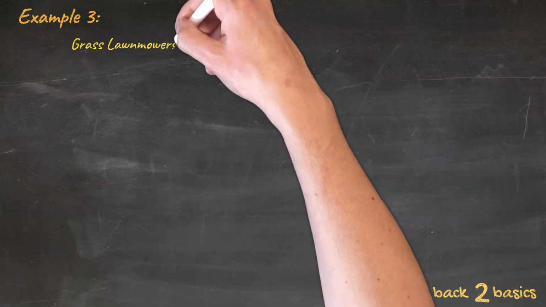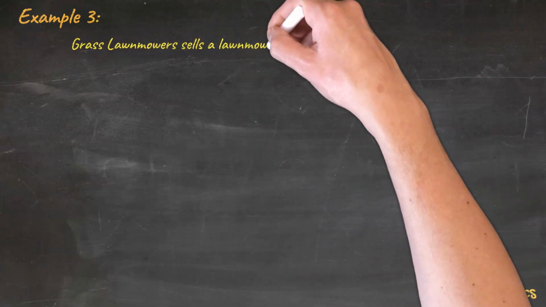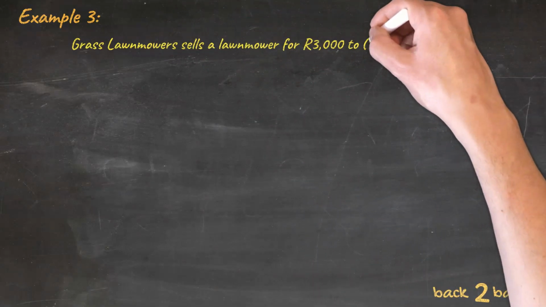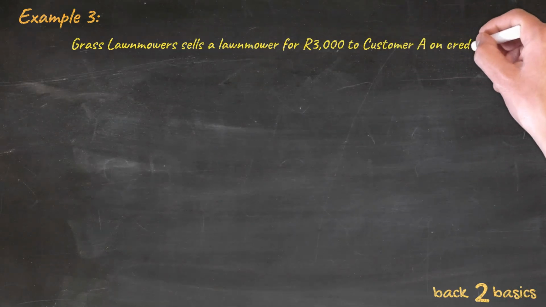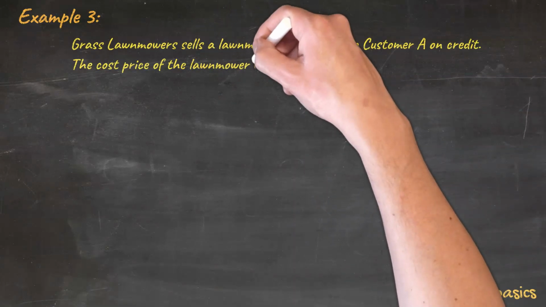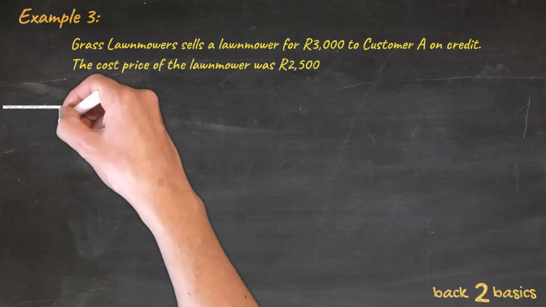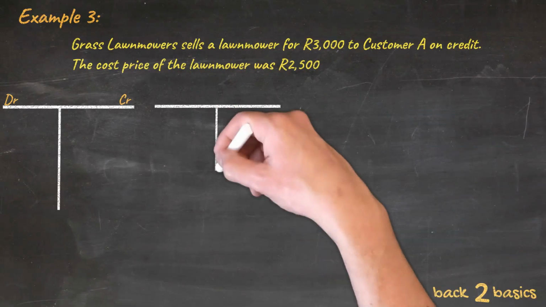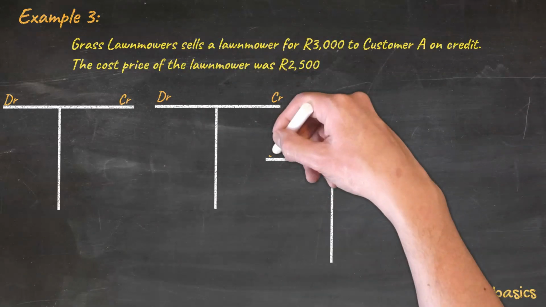Grass Lawnmowers sell a lawnmower for 3,000 Rand to customer A on credit. The cost price of the lawnmower was 2,500 Rand. Here you will note that multiple accounts are involved.